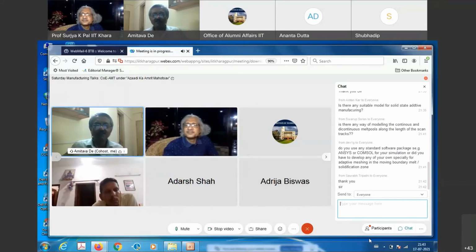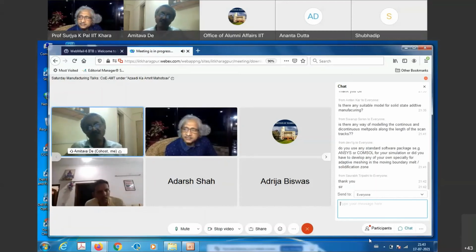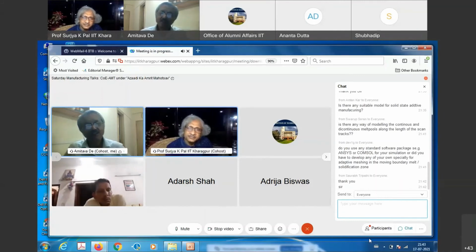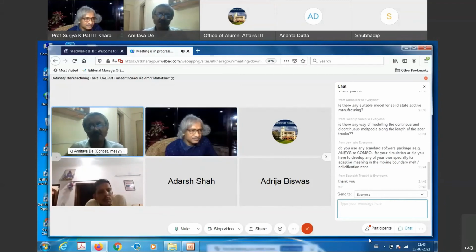So the modeler would be limited by the availability or the practicality of the choices that he or she would have. So at the end of the day, one cannot really model on a desktop more than a couple of millimeters or tens of millimeters, or within 10 centimeters, something like that.